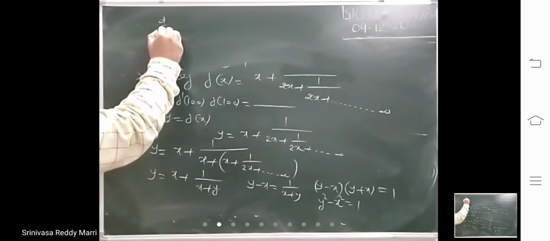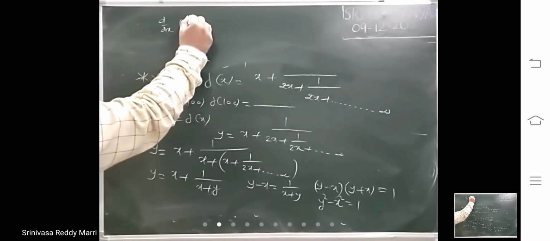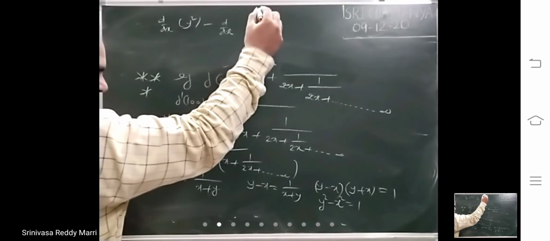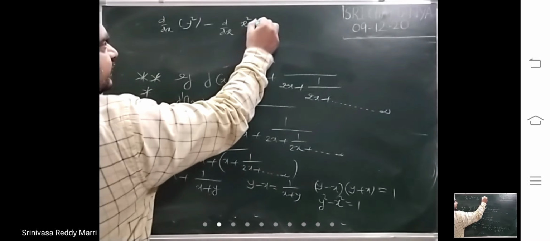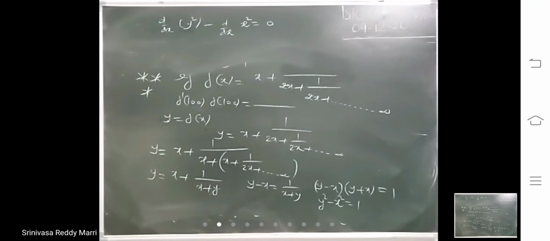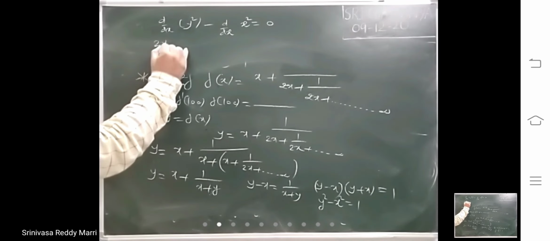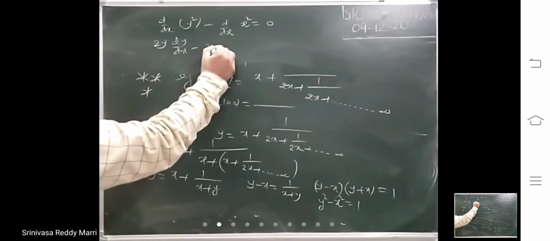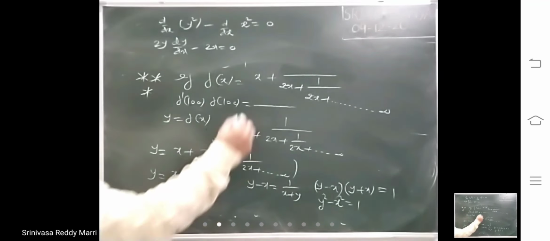Derivative on both sides: d by dx of y square minus d by dx of x square equal to 0. That means 2y into dy by dx minus 2x equal to 0.